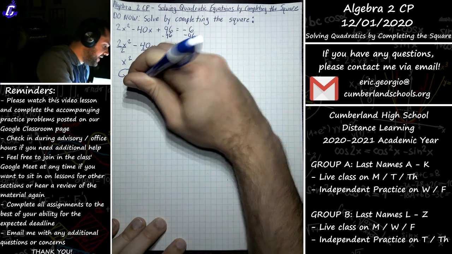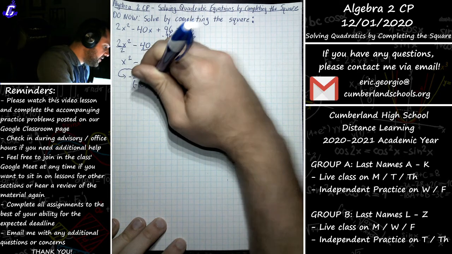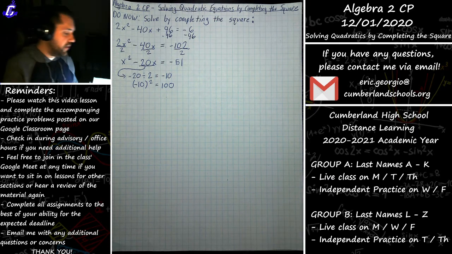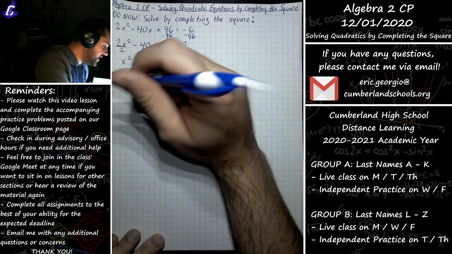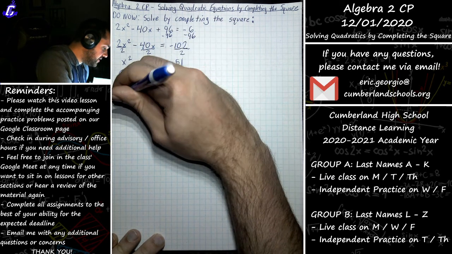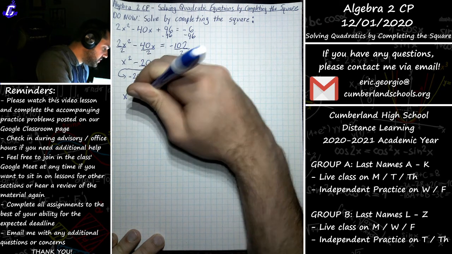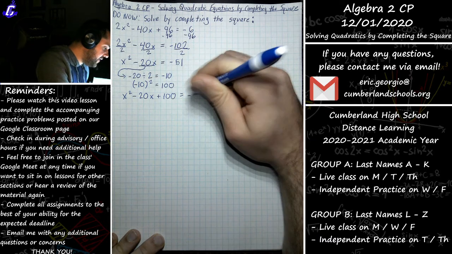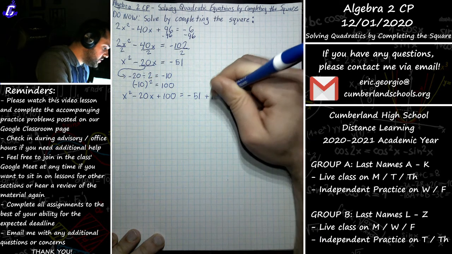I then take that negative 10 and square it to get positive 100, because negative 10 times negative 10 would be 100. We would then add that number to both sides. That gives us x squared minus 20x plus 100 is equal to negative 51 plus 100.